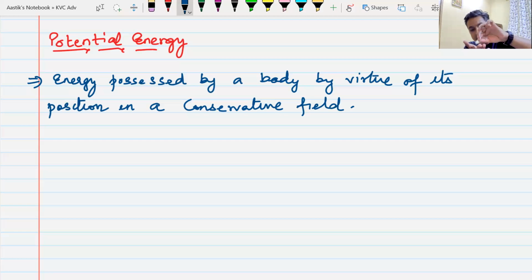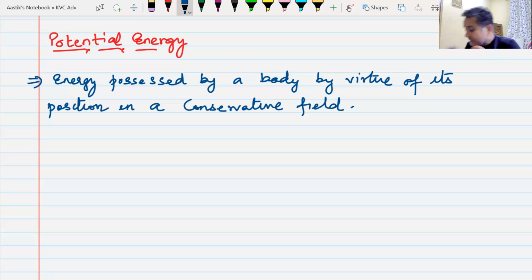This energy possessed by a body, when it is present in a conservative field, is known as potential energy. So you'll have three types of potential energy that you will encounter: gravitational potential energy, electrostatic potential energy, spring potential energy. These are the three different types of potential energies that we will encounter. Do we understand this? Yes or no?